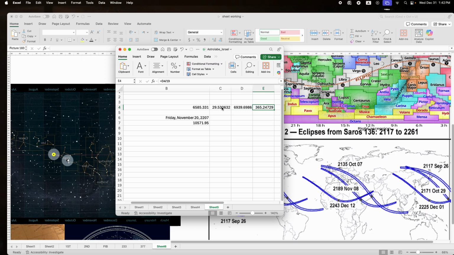And then we know that there are 254 sidereal moons in 19 years as well. And of course 254 minus 235 is 19 as well.